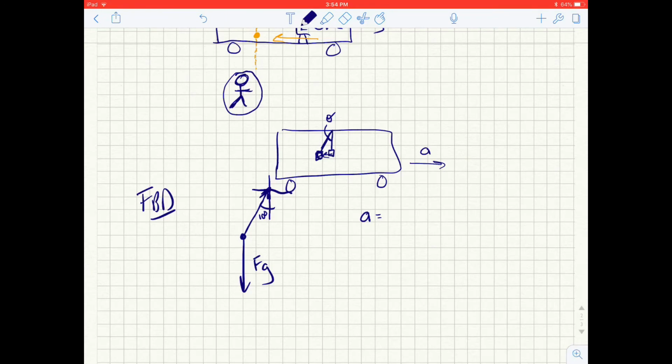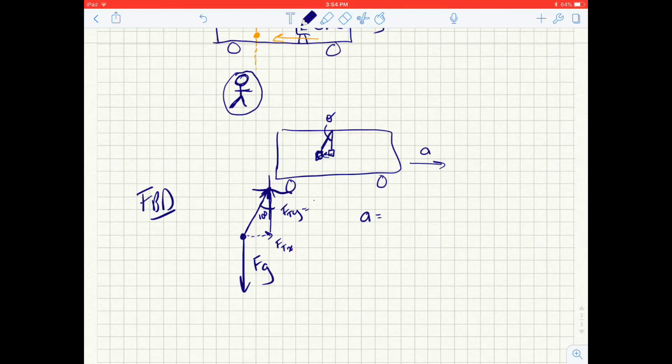Okay, well, let's label up some stuff here. We've got an x component. We can say that this is the x component of the tension force, and this is the y component of the tension force. We can come up with a description of the y component of the tension force.